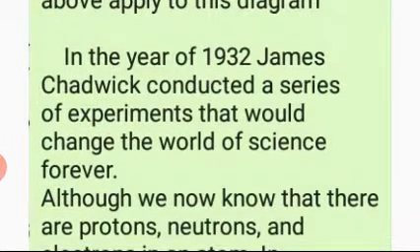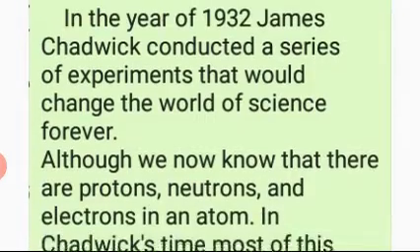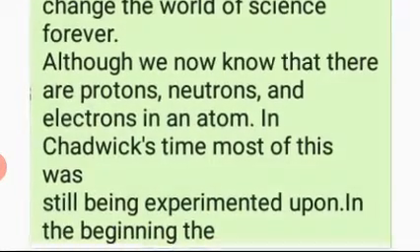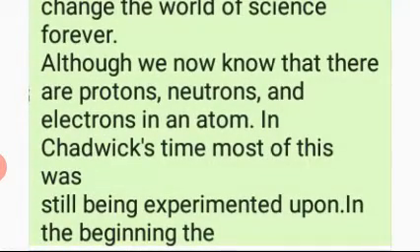In the year 1932, James Chadwick conducted a series of experiments that would change the world of science forever. Although we know that there are protons, neutrons, and electrons in an atom, in James Chadwick's time most of this was still being experimented upon, meaning these particles were not yet discovered.